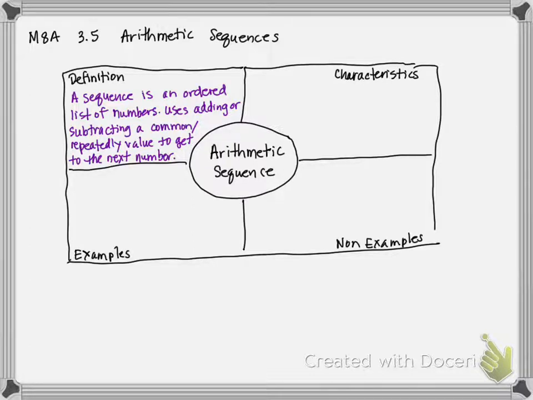Okay, let's talk about some characteristics. So each term, or each value, I just gave away the word, is called a term. We've seen that word before. Each part of a polynomial is a term. Okay, same idea. So we have some kind of key players when it comes to the arithmetic sequence.